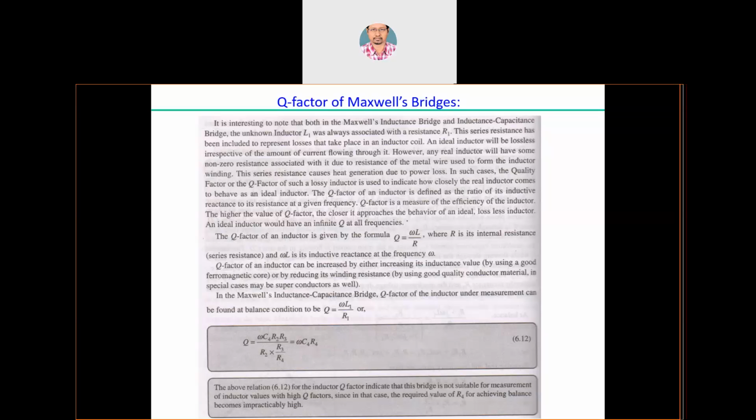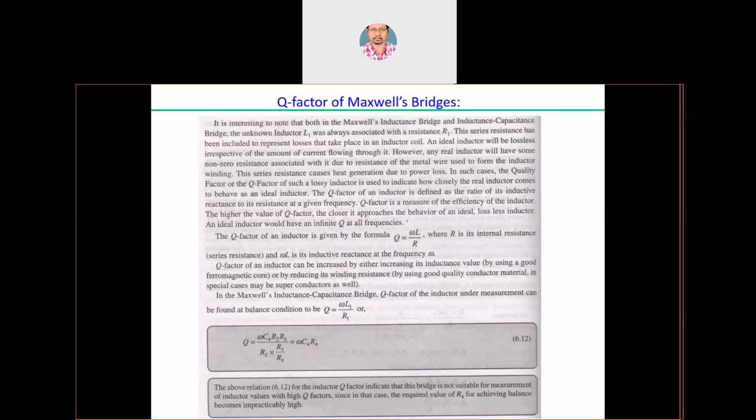Ideally you should have an inductor with zero resistance. Zero resistance means there is no heat loss, or in other words no power loss. Clear? So Q factor indicates the quality of the inductor used, that is, how close the inductor under measurement is to the ideal inductor, you can say, or the real inductors.